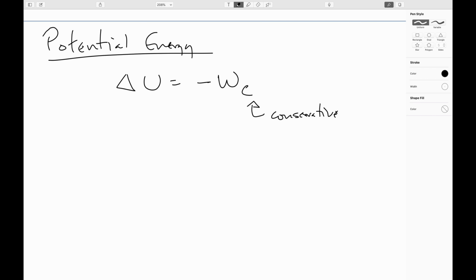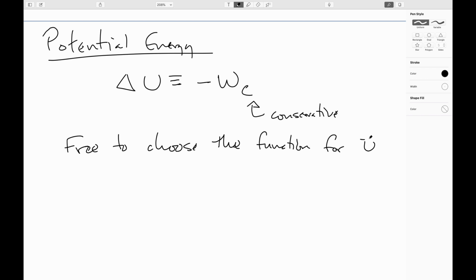So we defined potential energy just by demanding that the change in the potential energy be equal to the negative of the work done. You are actually free to choose the function for your potential energy, as long as it satisfies this requirement that the change in the potential energy be equal to the negative of the work done.